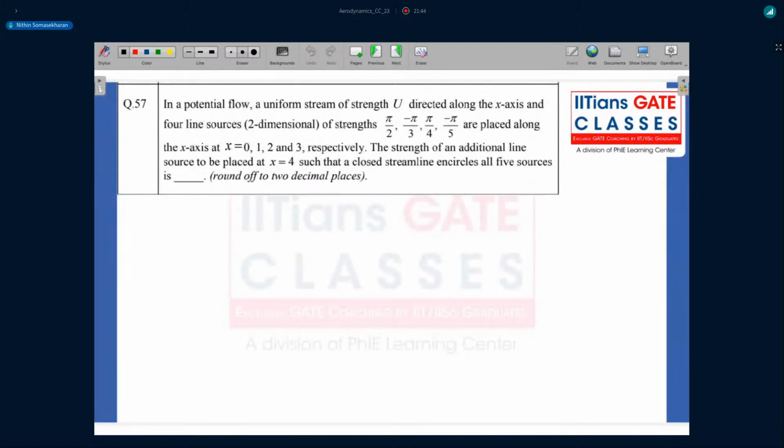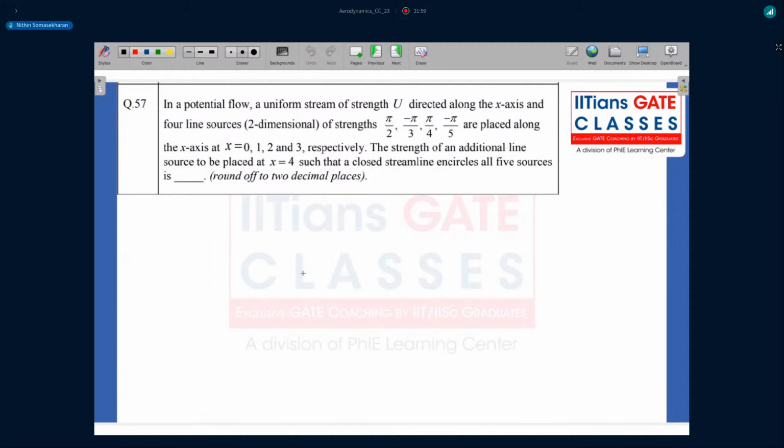In a potential flow, a uniform stream of strength U is directed along the x-axis, and 4 line sources of strength pi by 2, minus pi by 3, pi by 4, minus pi by 5 are placed along the x-axis at x equals 0, 1, 2, 3 respectively.